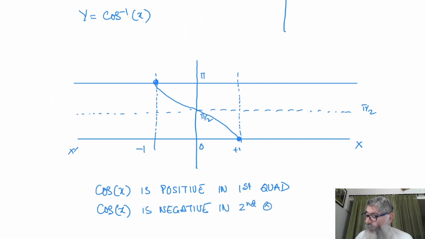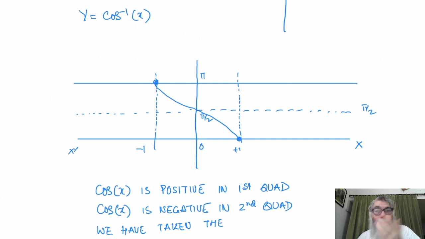So we will get all the values, positive as well as negative values. So we have taken the interval 0 to pi.